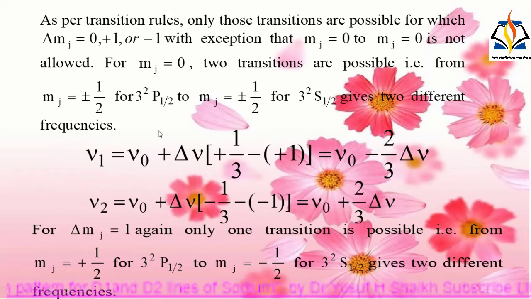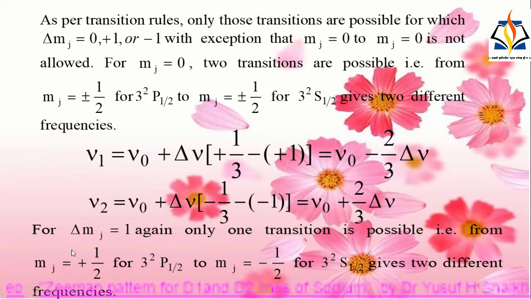These give two different frequencies, nu1 and nu2, where nu1 is equal to nu0 plus delta nu (plus 1 upon 3 minus plus 1), that is equal to nu0 minus 2 upon 3 delta nu, and nu2 is equal to nu0 plus delta nu (minus 1 upon 3 minus 1), that is equal to nu0 plus 2 upon 3 delta nu.